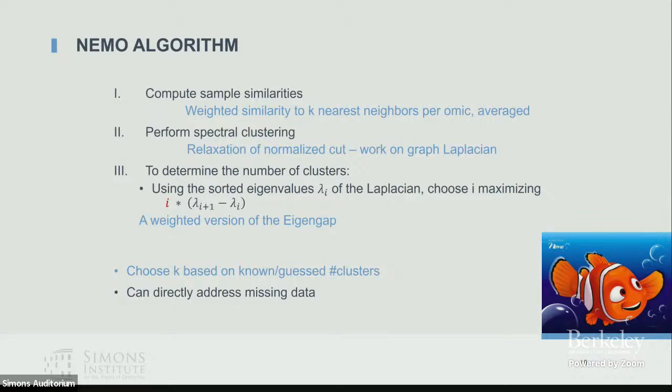To determine the number of clusters, the only twist that we do is, rather than take the eigengap method, which orders the eigenvalues and looks at their differences and picks the largest, we multiply this by i, the index of the difference, in order to nudge the number of clusters slightly higher. And note that this approach can directly address missing data with no need for imputation, because we just take the average over the omics that are available for each pair of patients.